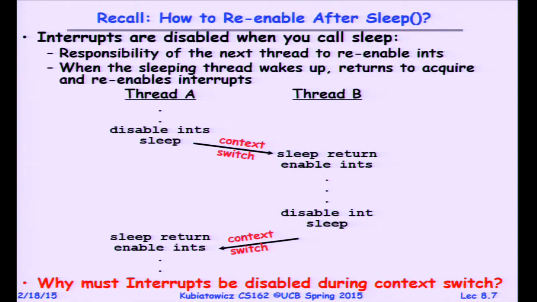So if you interrupt in the middle of that... Yeah. Basically, switch is switching out a bunch of registers and switching in a bunch of registers. Any interrupt in the middle of that is likely to really screw things up. So that's why interrupts are typically off in the middle of the switch. Hopefully that answered your question, right? So they get re-enabled by the next thread. Okay, good. Now, questions?